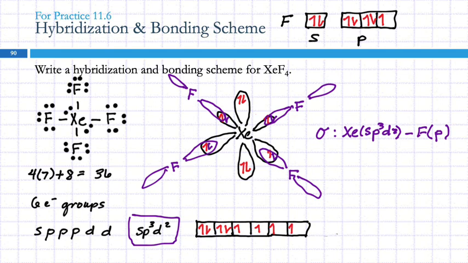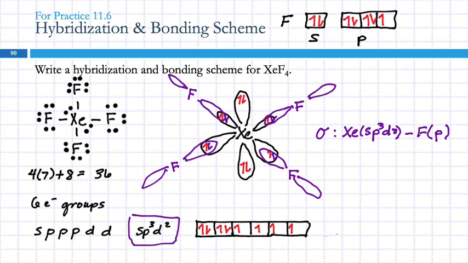And just for grins, what is the shape of this molecule? Well, let's look at the balloon model. So the lone pairs are the pink ones.